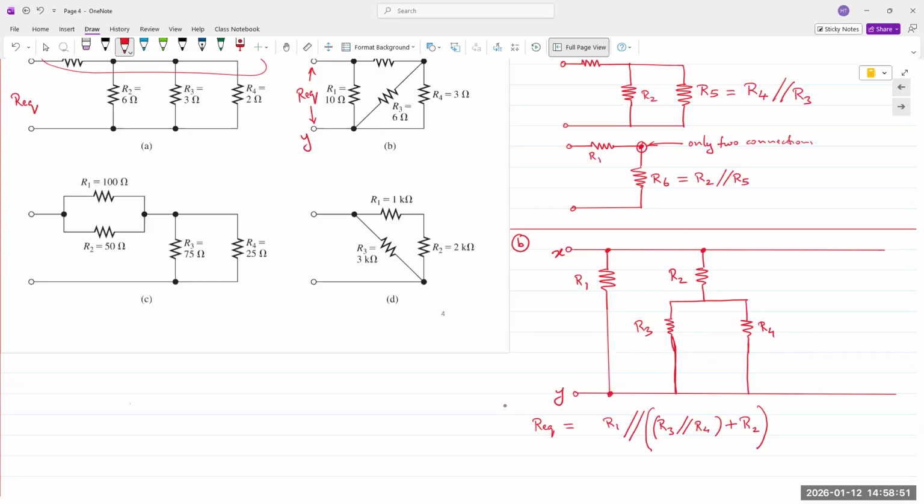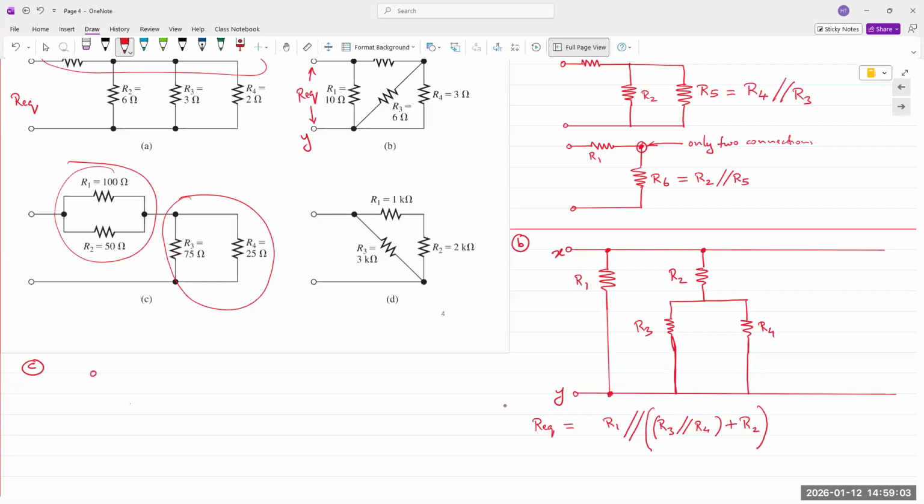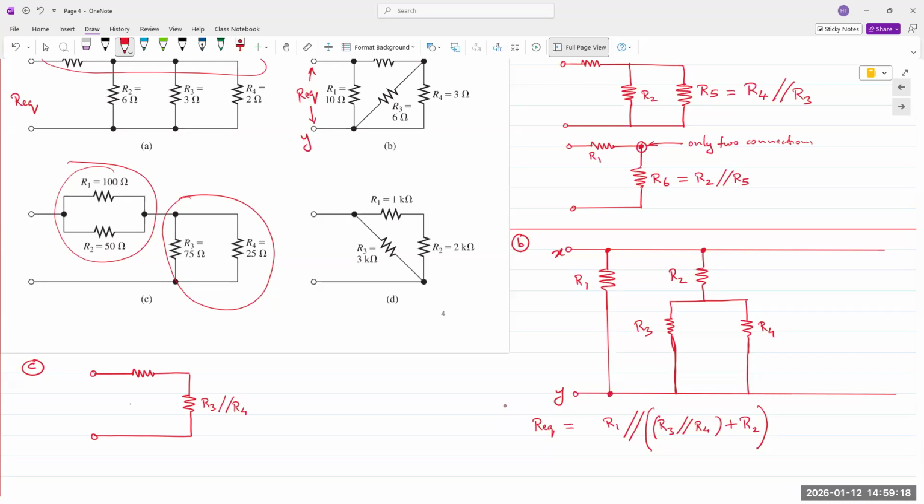Let's quickly talk about C and D. Start at the farthest end. R3 and R4 are in parallel. R1 and R2 are in parallel. And so my circuit can reduce to 2 resistors in series. This is R3 parallel R4.